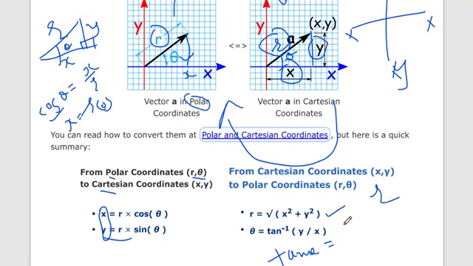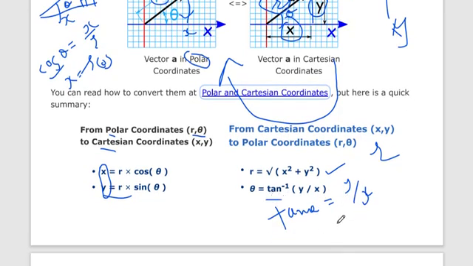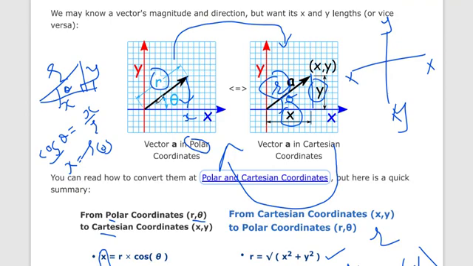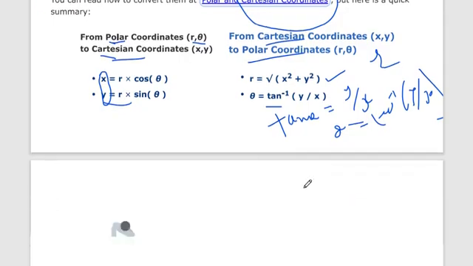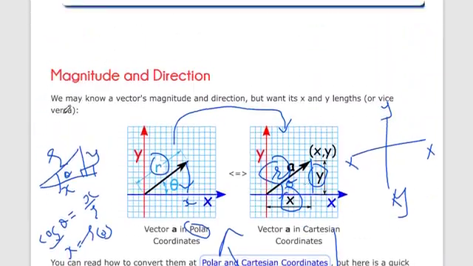Okay, so it is y upon x. So if we write tan inverse, we will get the value of theta, tan inverse y upon x. Okay, so it's based on simple trigonometry, so we can transfer polar coordinate into Cartesian. Also, if we have Cartesian, then we can transfer it into polar coordinate. Okay, so these are the two coordinate systems.